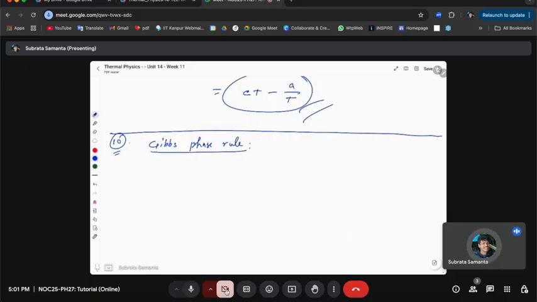So this is basically a mixture of different substances, okay, and that is really multi-component systems.